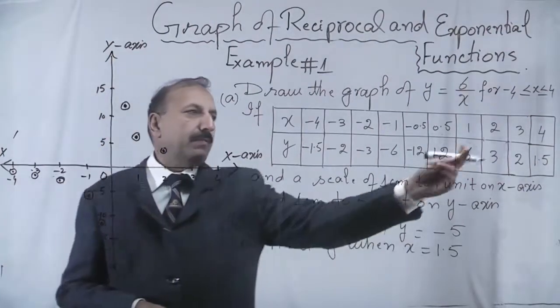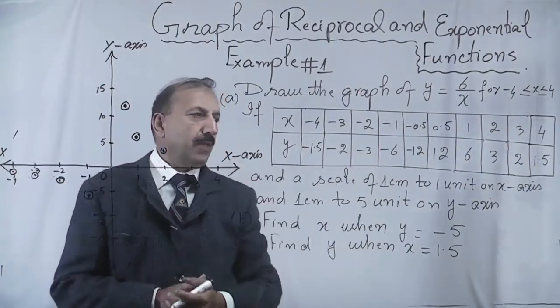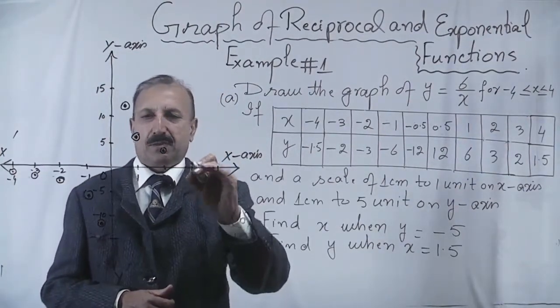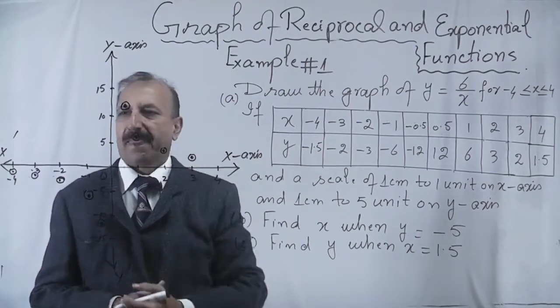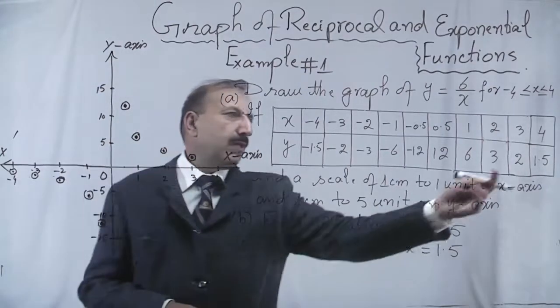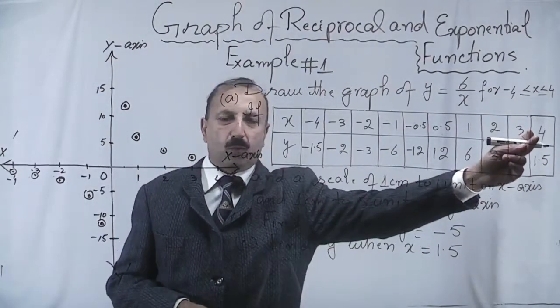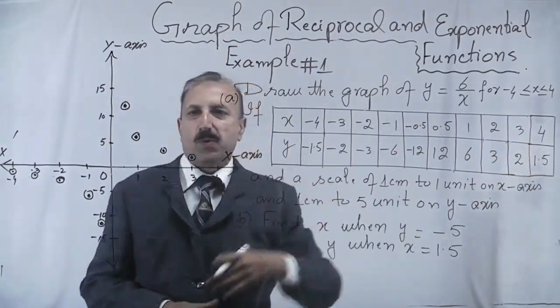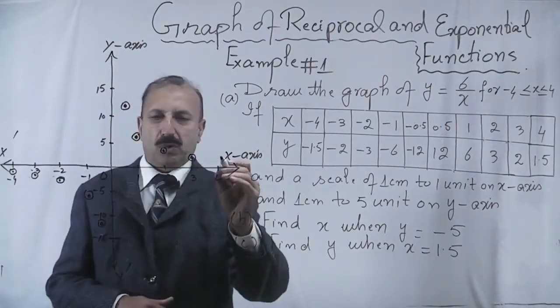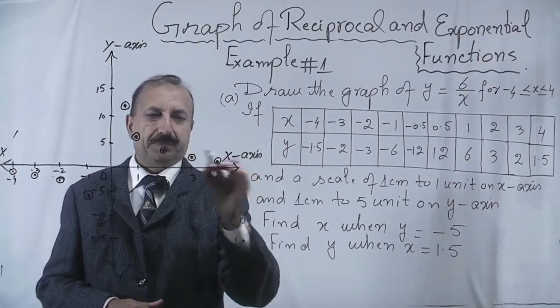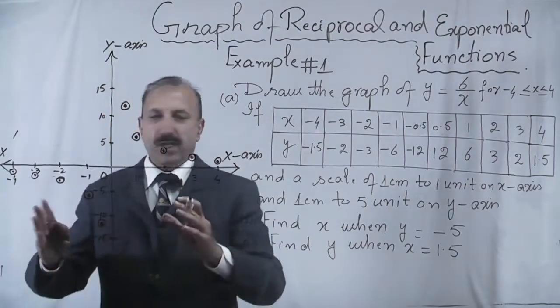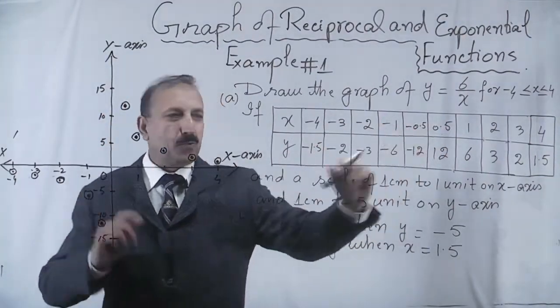When x is equal to 3, the value is 2, approximately here. And when x is equal to 4, the value is 1.5, approximately here. We have labeled all these points, my dear students.